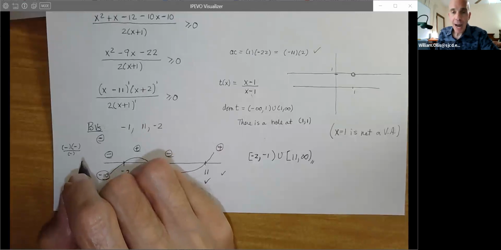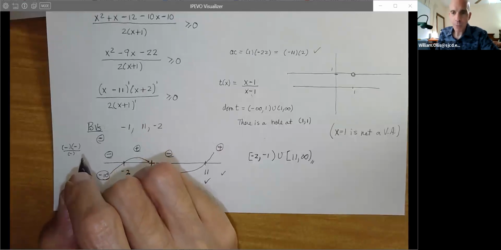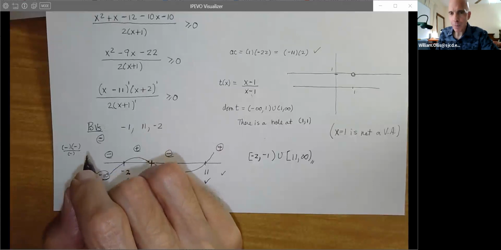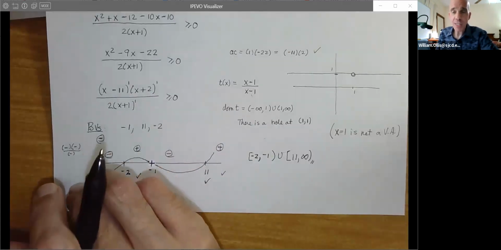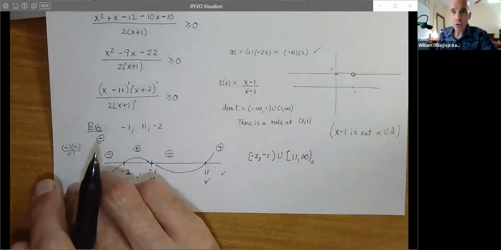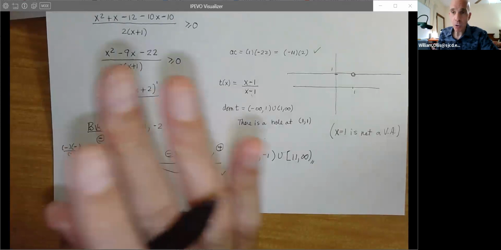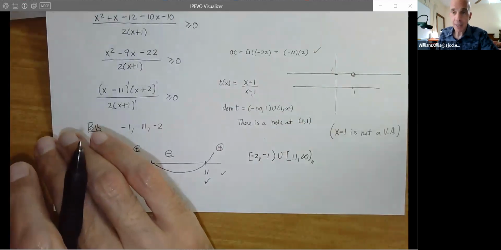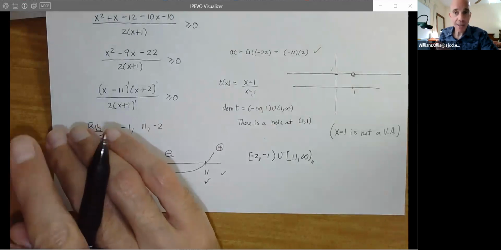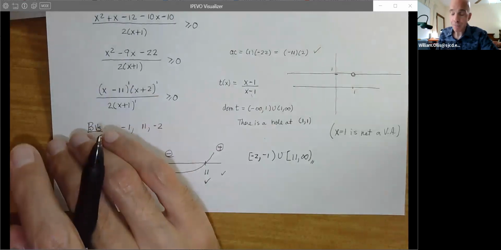I remember a student saying one time, WebAssign likes to close things for me, you know, close parentheses and all. And I said, that's fine, but make sure if they're closed or whatever, that you have the correct bracket or closing structure. If you need a bracket, put in the bracket. If the parenthesis is fine, then leave it alone.